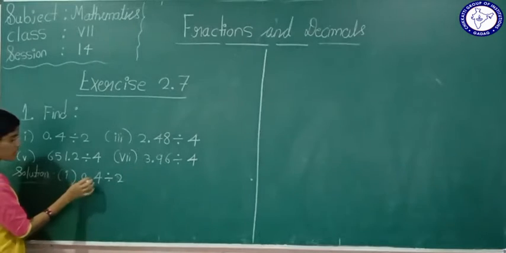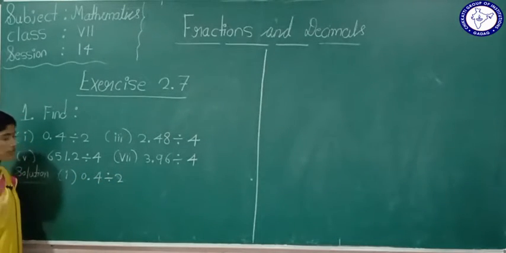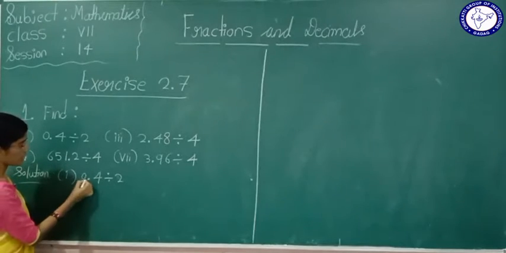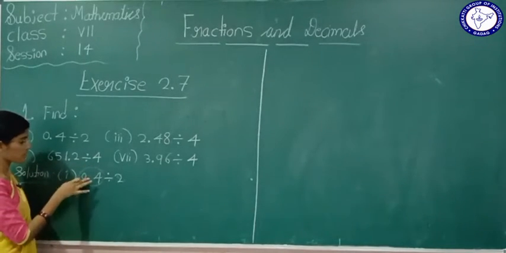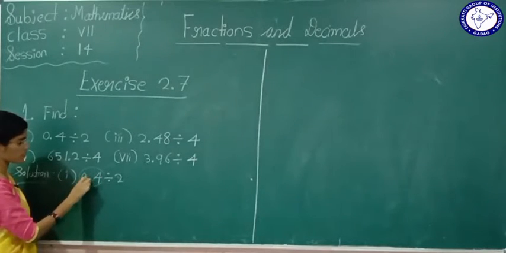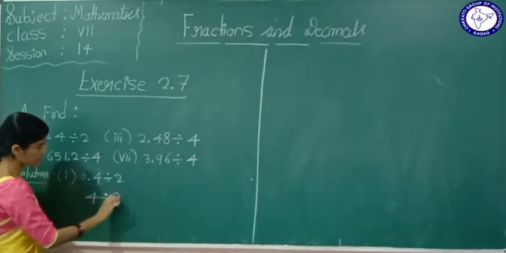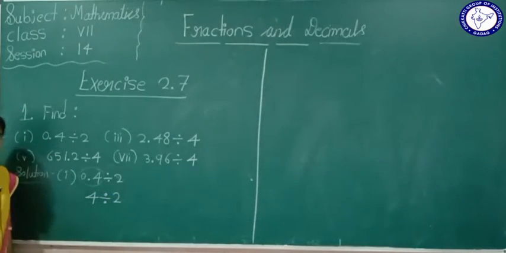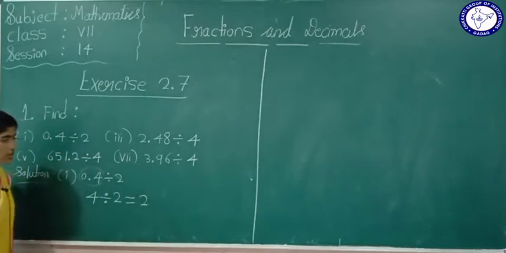Now, this is a decimal number divided by a whole number. So how to do, see here. Treat this as a whole number. Remove this point. What will it become? 04. 04 is nothing but 4. What is 4 divided by 2? 4 divided by 2 is what, students? 2.